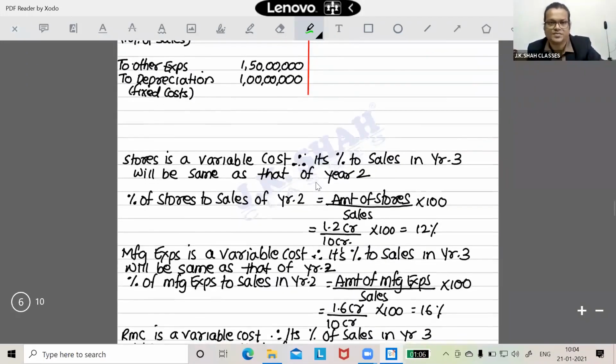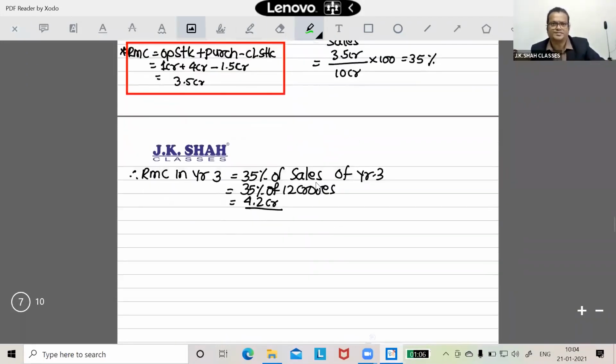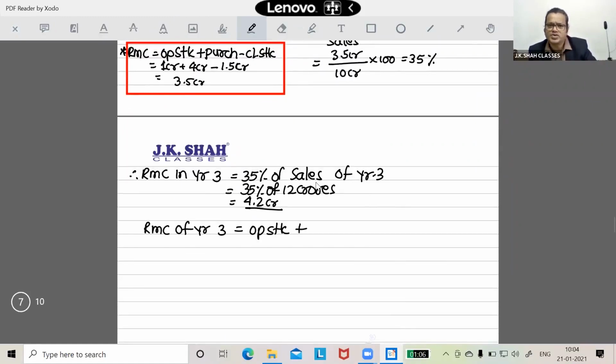So we can just write the formula for RMC of year 3. Formula remains the same: opening stock plus purchase minus closing stock. How much did we get for RMC of year 3? 4.2 CR.